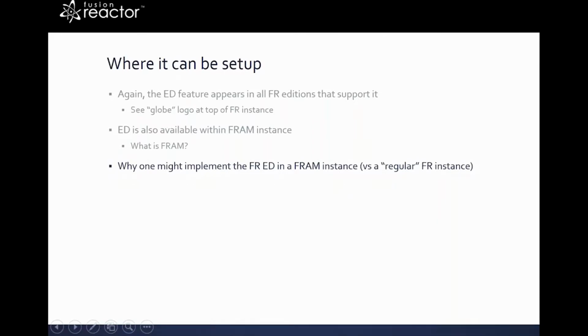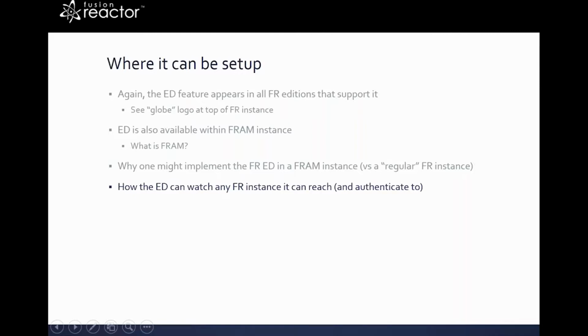Now, actually, let me back up and say, somebody might argue, well, what if the box goes down? I believe I have a point about that in just a moment, but I'll come back to it if I don't. So be aware that the dashboard can watch any FusionReactor instance that it can reach and authenticate to. So we'll see in a moment that when you add an instance to the dashboard, you provide the password, and you provide the URL to get to that instance.